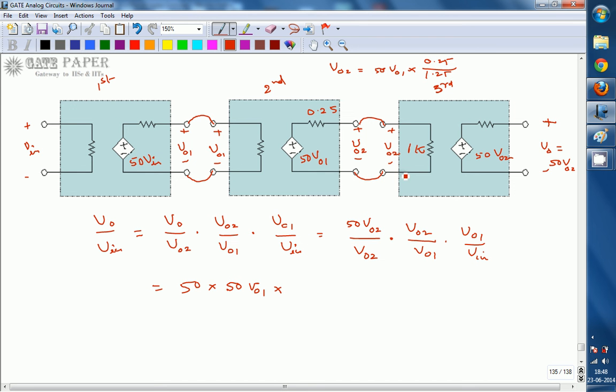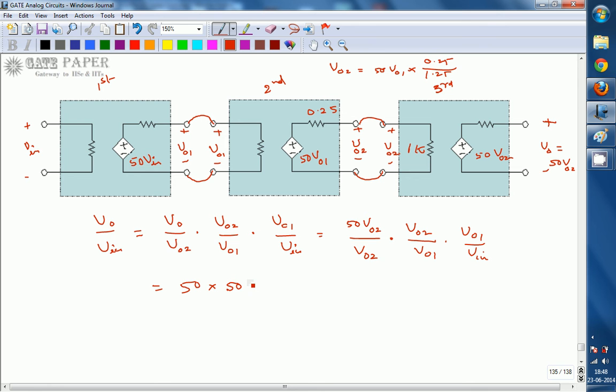So the ratio V02 by V01 can be written directly here.